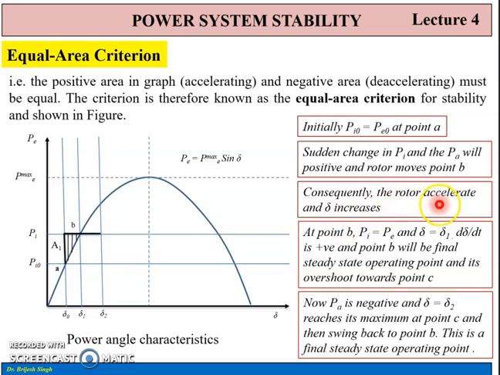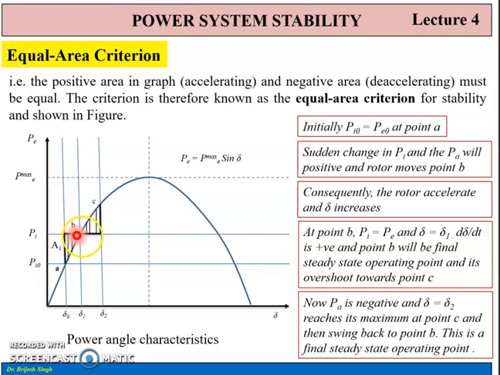Consequently the rotor accelerates and delta increases. Now at point B, Pi is equal to Pe and delta is equal to delta 1. Then d delta upon dt is positive and point B will be the final steady state operating point for the machine.